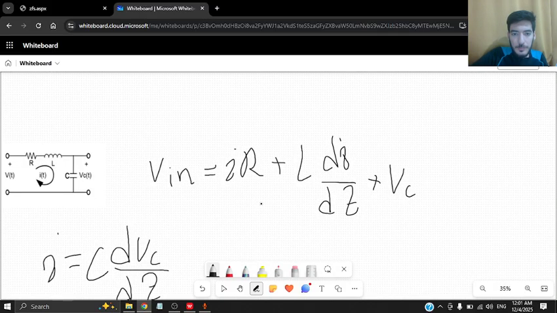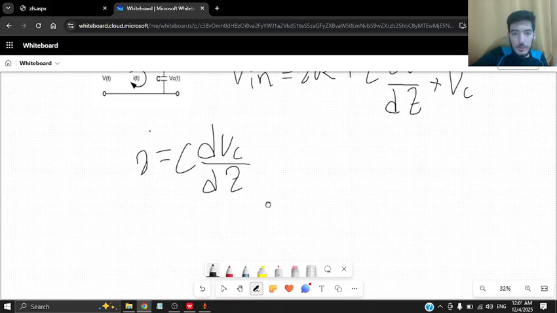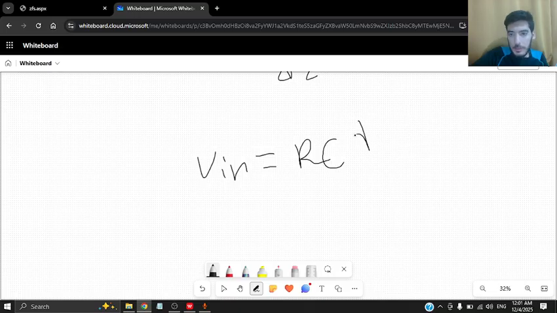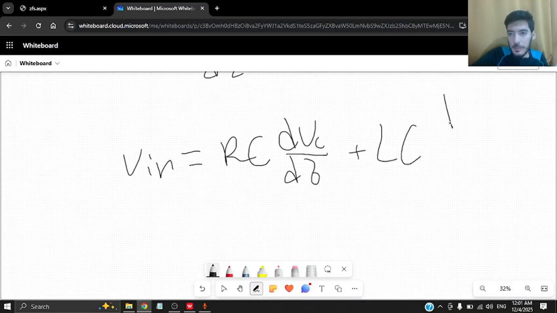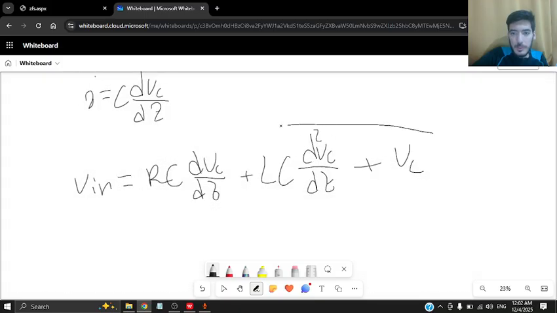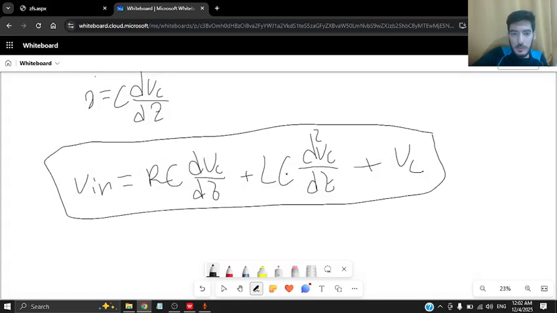So here I can rewrite it as Vin equal to RC dVc divided by dt plus LC second order differentiation of Vc in respect to time, plus Vc. And this is the dynamic equation for the given circuit.